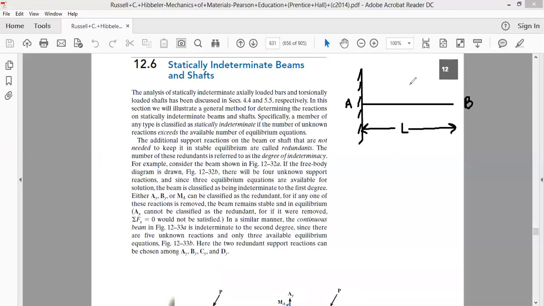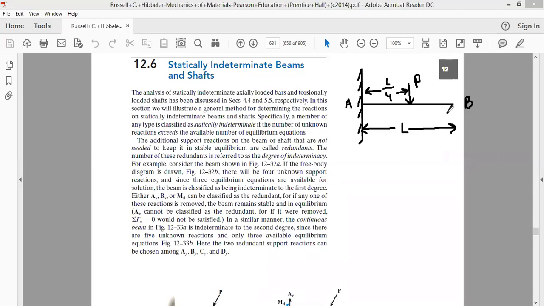Again, the same beam is subjected to load P at one of its points, such that this distance is equal to L by 4. Like the previous case, this question is the same, but let's do one more thing: at its free end, let's give it a support.